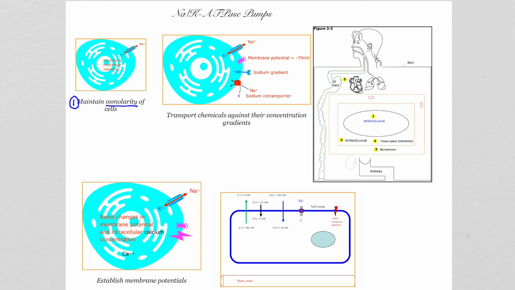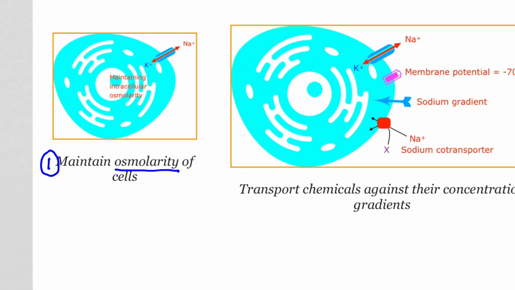We talked about osmolarity in the previous videos. So inside the cell, the concentration of proteins and other large macromolecules is very high compared to the extracellular fluid.